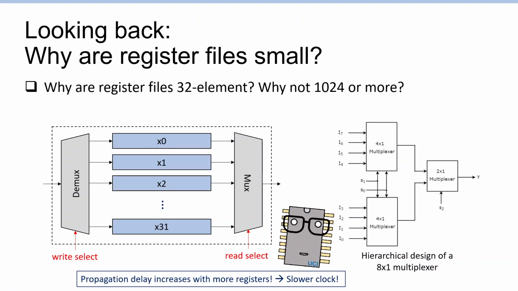So at least from the point of view of the RISC-V ISA designers, 32 was apparently a sweet spot, which balances the diminishing returns of the number of slots in the register file, the propagation delay issues of the register file circuit, as well as how many bits need to be encoded inside the ISA to specify which register inside the register file is being accessed. So 32 apparently was a very sweet spot number which balances out all of these restrictions, which is cool.